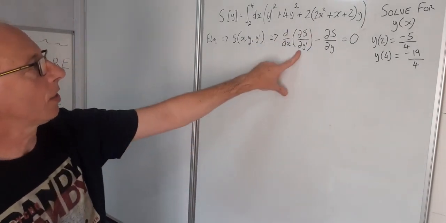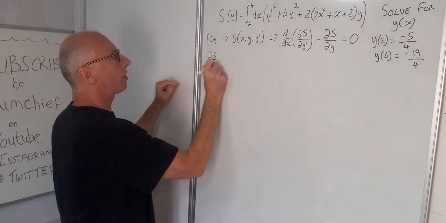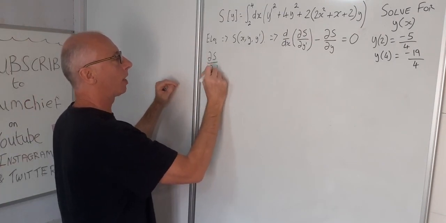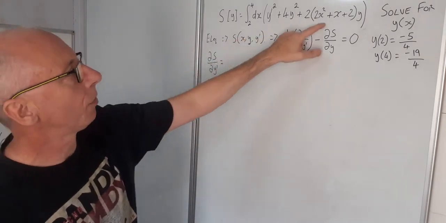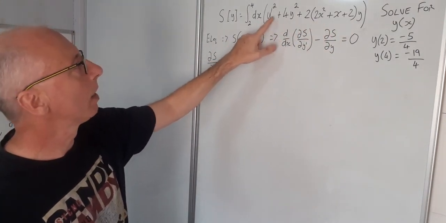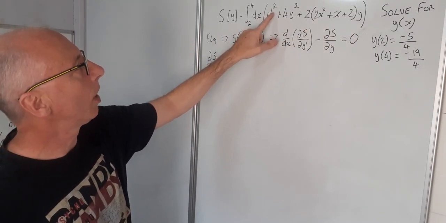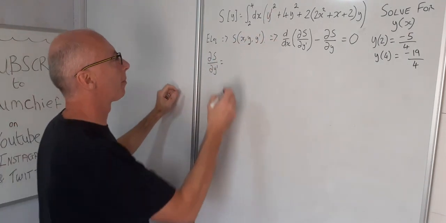So let's start off by taking this partial here. The partial of S with regards to y prime is pretty much straightforward. There's only one term with a y prime in it, so the derivative of y prime squared is just 2y prime.